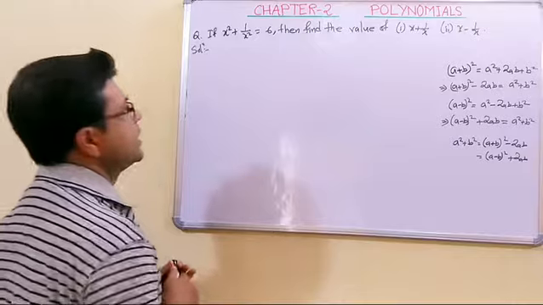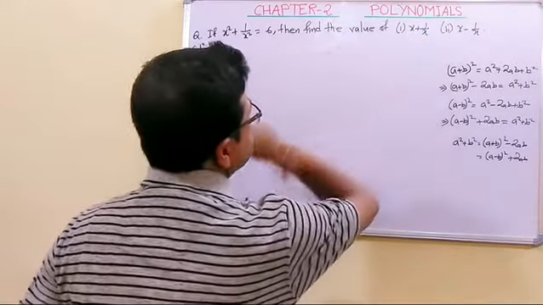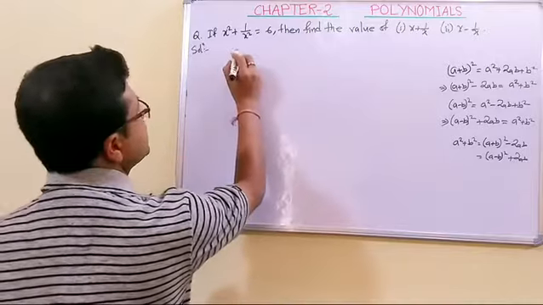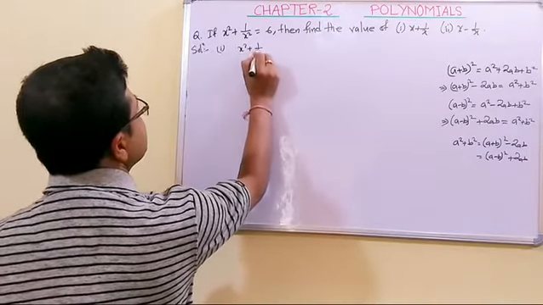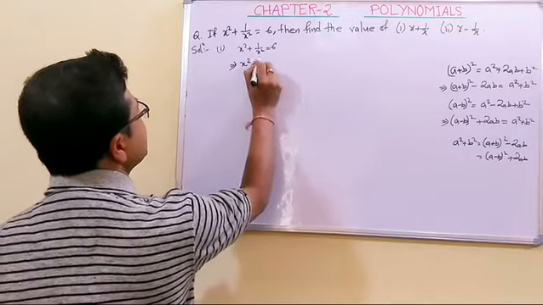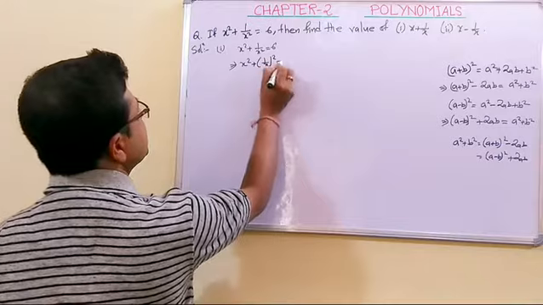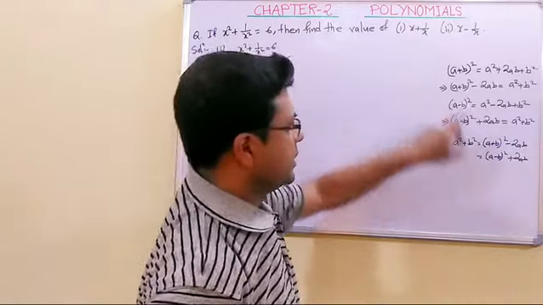So let us start. So here we have to find x plus 1 by x whole square. How will we do this? Number 1, we have x square plus 1 by x square equal to 6. This can be written as x whole square plus 1 by x whole square equal to 6. Okay, so we have to find plus 1, that is this one.